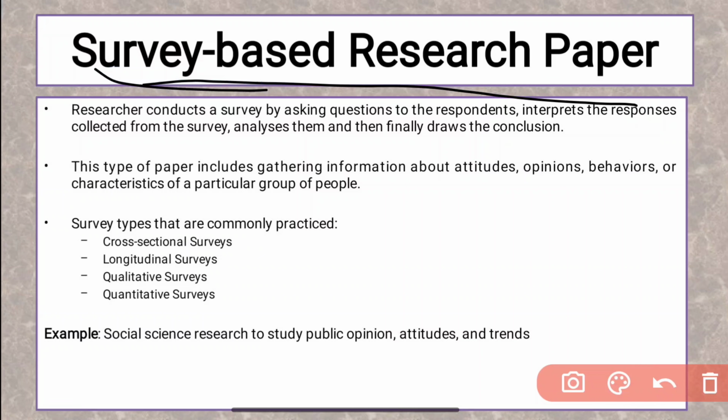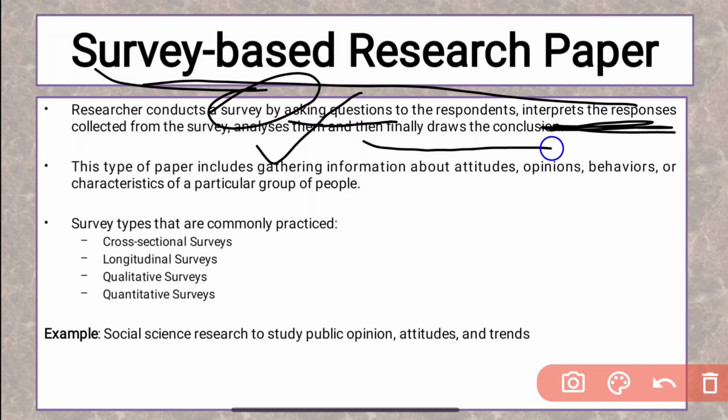So now what happens is that you conduct a survey by asking questions to a certain kind of respondents, and then you collect the data and then you interpret the responses given by the respondents, analyze the data and finally draw the conclusions.